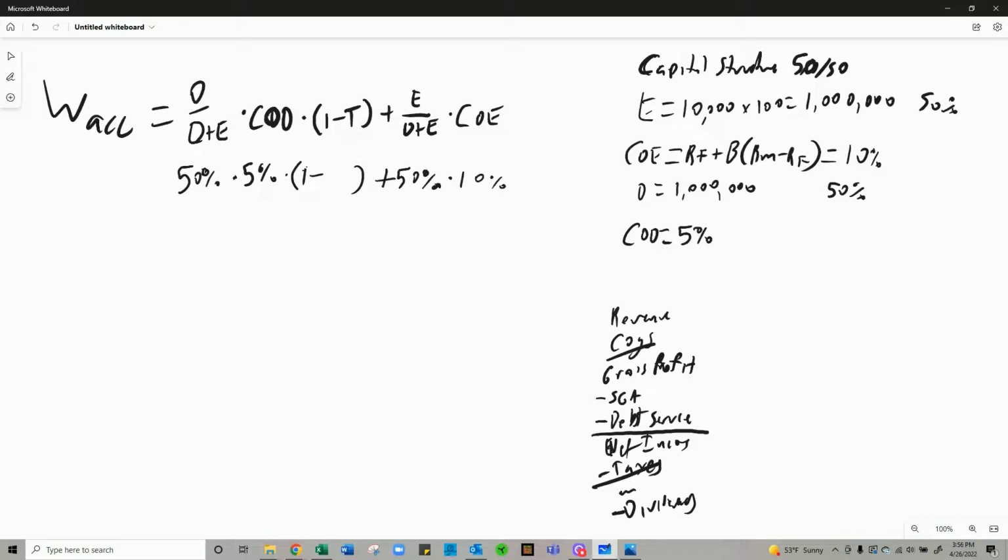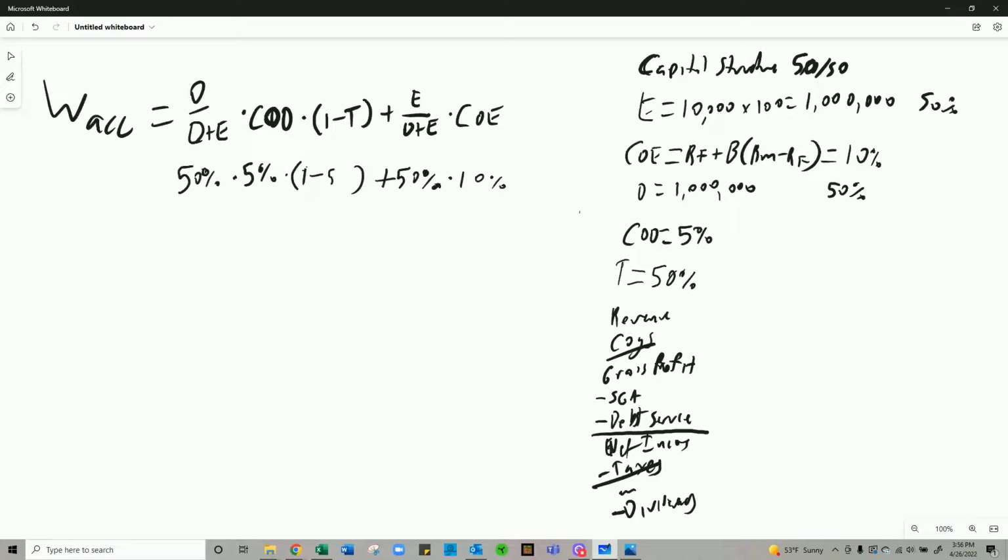They call that a tax shield, but I like to think about it as just a tax advantage for taking out debt. So let's say this company's tax rate, just to make the numbers really simple, is 50%.